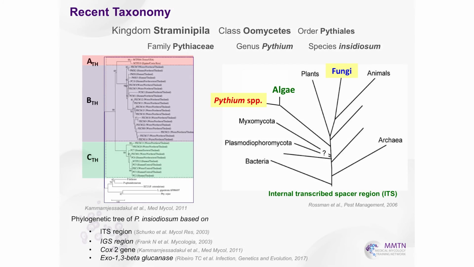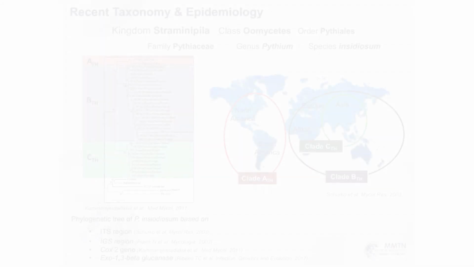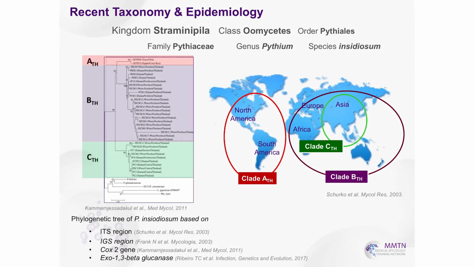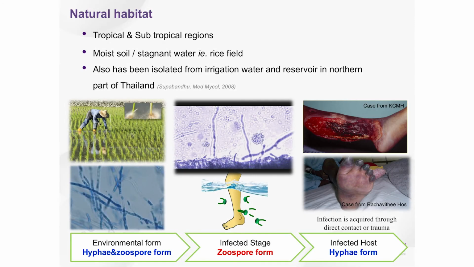And with the help of these 4 genes, they can divide it into 3 clades. And these 3 clades are distributed in different locations. In our area it is clade C and B. And how about the natural habitat?